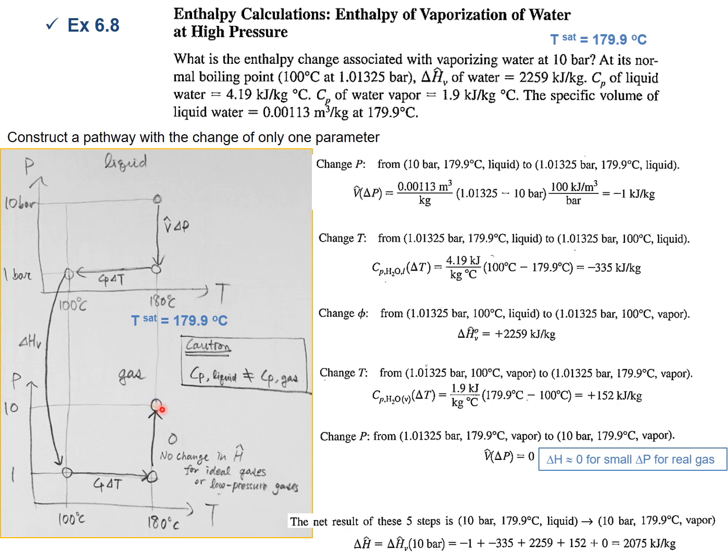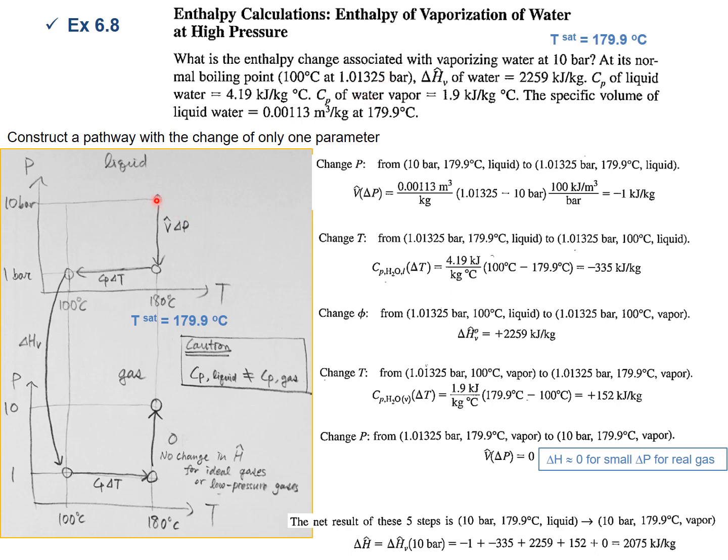So we want to calculate the difference between those two points, right? In this liquid coordinate, we have temperature here and pressure here. The starting point is liquid phase water at 10 bar and about 180 Celsius degree, its saturation temperature. Then the first thing I'd like to do is change the pressure from 10 bar to 1 bar, because we have the information about the vaporization enthalpy at 1 bar, or actually 1.01 bar.